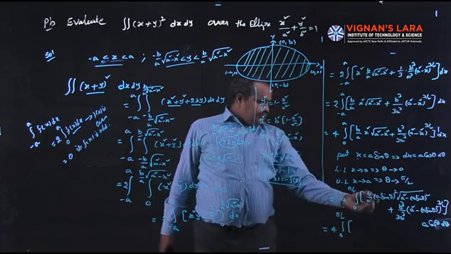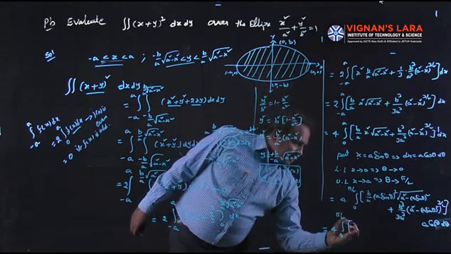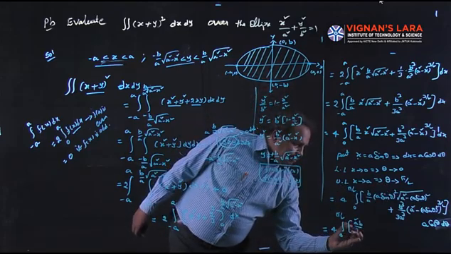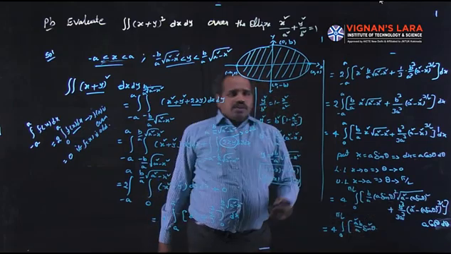If you are observing this, a square sin square theta, so a square, b by a into sin square theta. The square root of a square comes to outside.